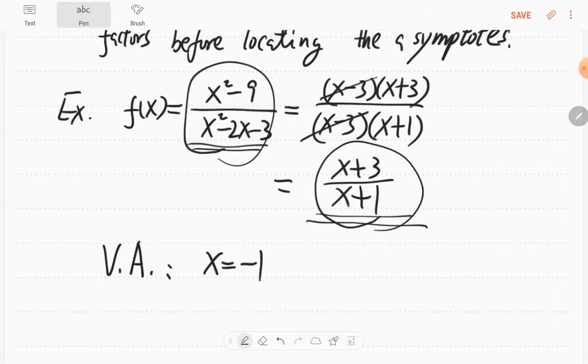This graph allows the point x equals 3, and this graph does not allow the point when x equals 3. So these two graphs are almost the same, except one has a hole at x equals 3. This one has no holes, and this one has a hole at x equals 3.